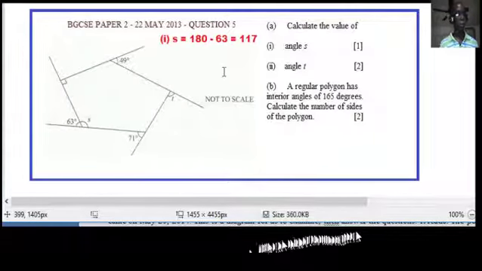The second part requires you to find the size of the angle marked T. Observe this diagram and see that T represents the size of one exterior angle. One key fact you need to remember is that the sum of the exterior angles of any polygon equals 360 degrees.